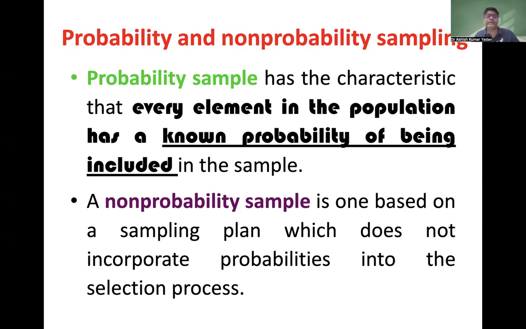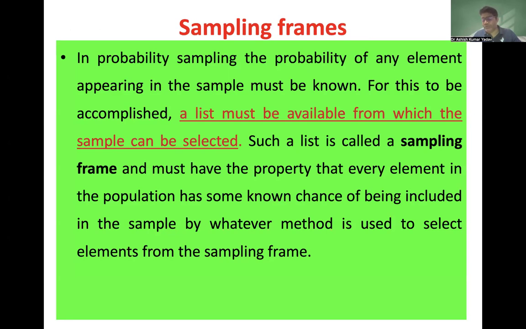Now we are coming to the types of probability sampling. But before that, there is a very important concept which we call sampling frames. As you already know how to calculate probability, it is the favorable number of cases divided by the total number of cases.